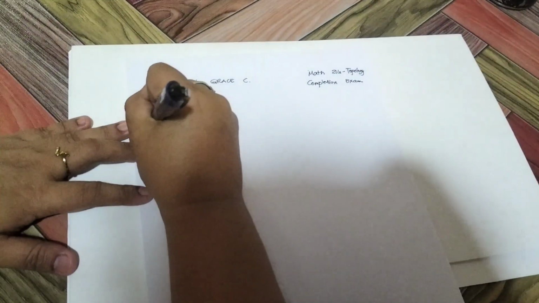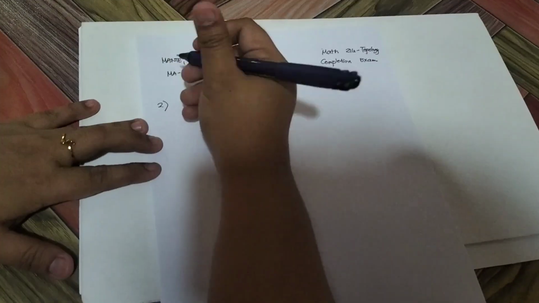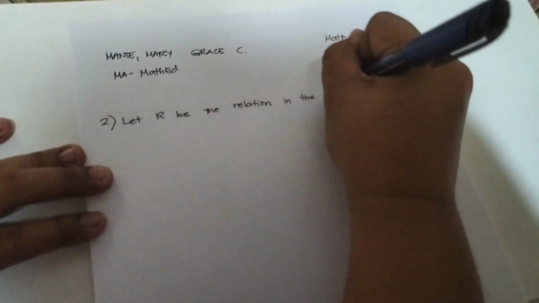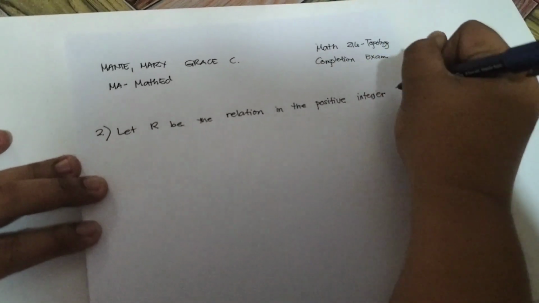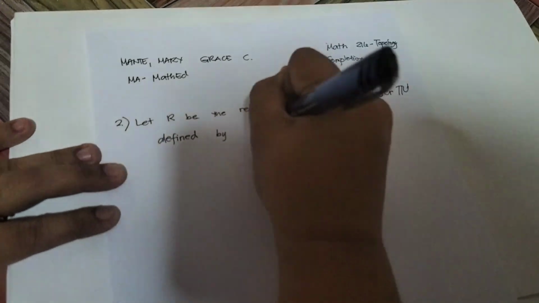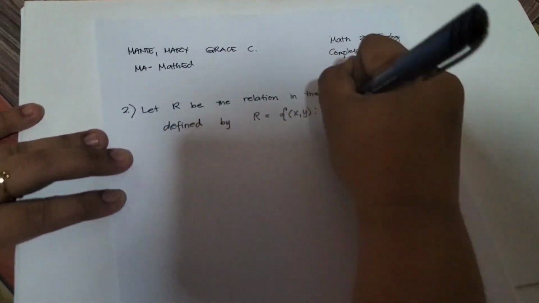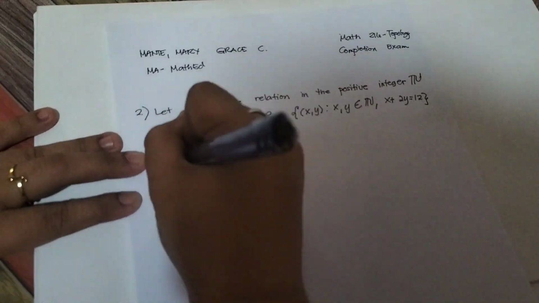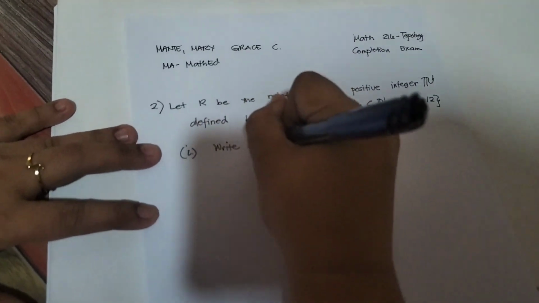Here is the first question, number 2. Let R be the relation in the positive integers, the natural numbers, defined by R is the set of (x, y) such that x and y are elements of the natural numbers and x plus 2y is equal to 12.